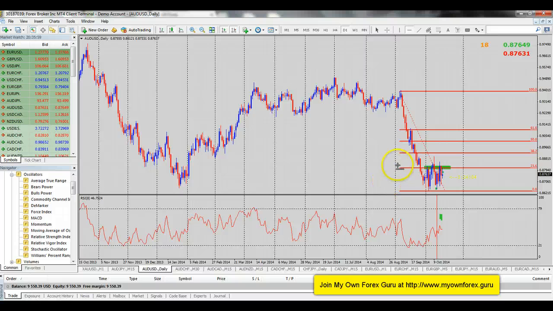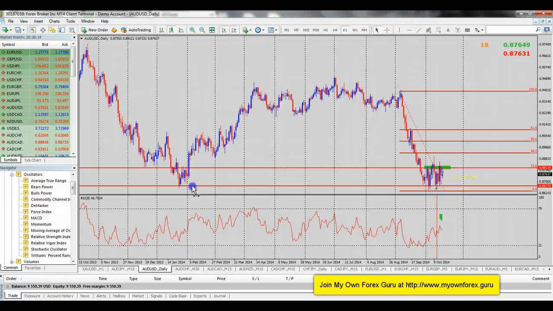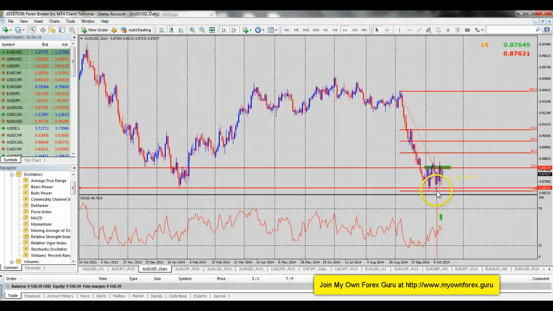And when you look over here, we see that it has acted as support before and resistance, and that's basically what that Fibonacci is showing, a support resistance line. And if we pull another one down here, we see this is where it turned back in January 2014. So this could be the end of this run of this pair, and then it might sit here and build up volume so then it can take off, going up again.